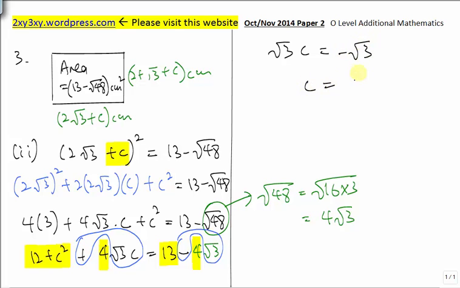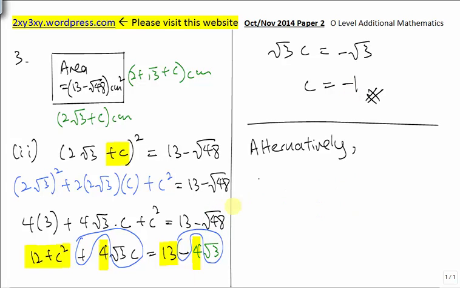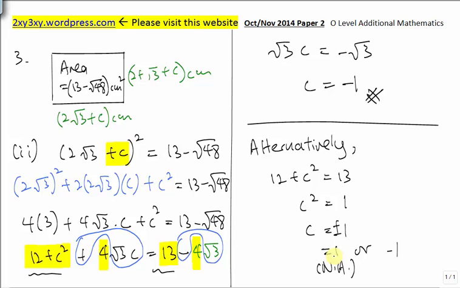And we can conclude that our c take the value of negative 1. Alternatively, if we want to compare the constant without the surd, we should get the same answer as well. We have to reject the positive c value because if c is positive 1, we will not be able to get the negative expression here.